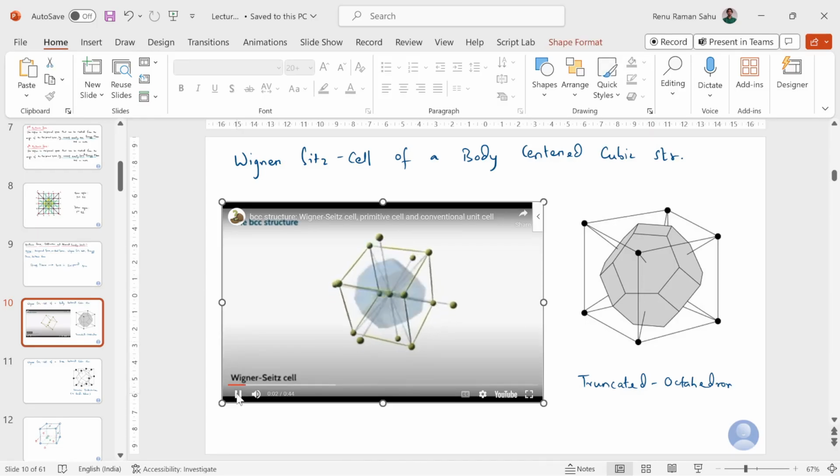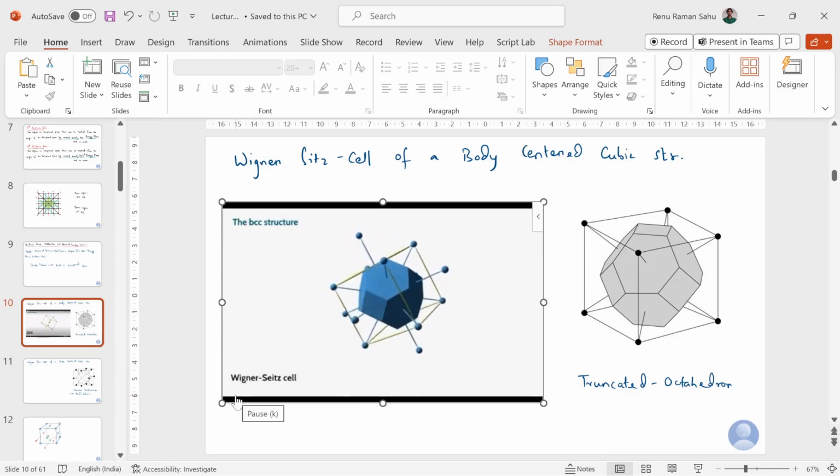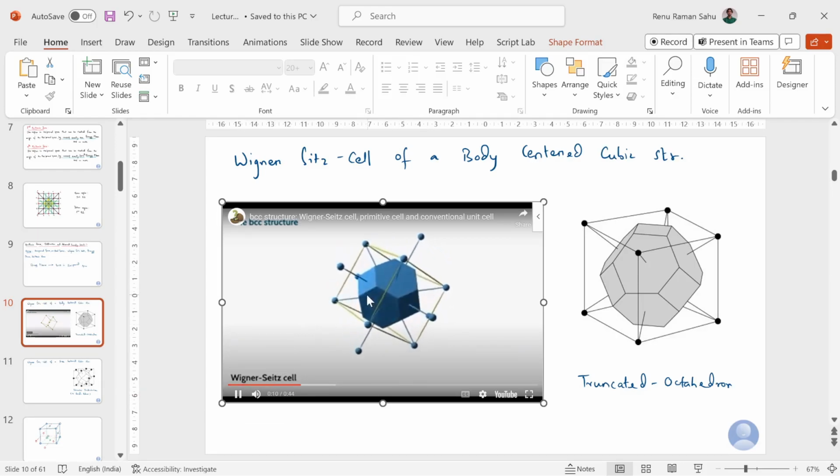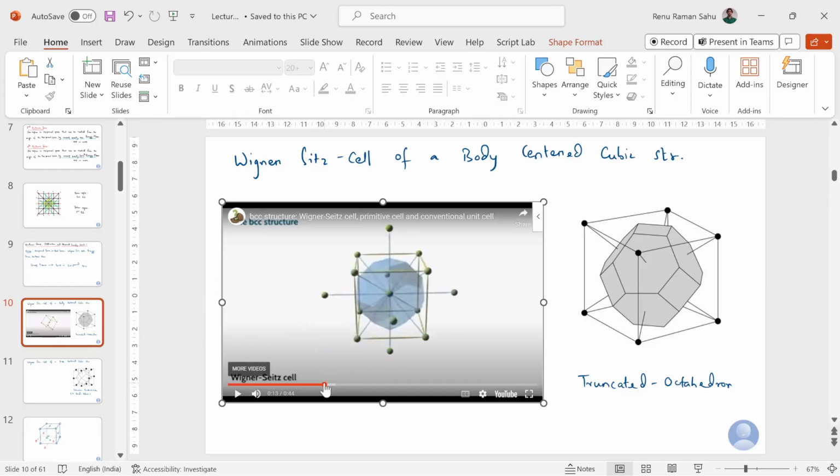So here, if you can see, there is a body center here, this is another body center, this is the corner of the same cube, this is the body center of the neighboring cube, and this plane is your perpendicular bisector, this plane is your perpendicular bisector. All these planes are your Bragg planes.